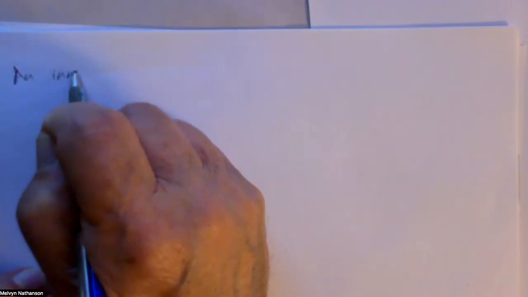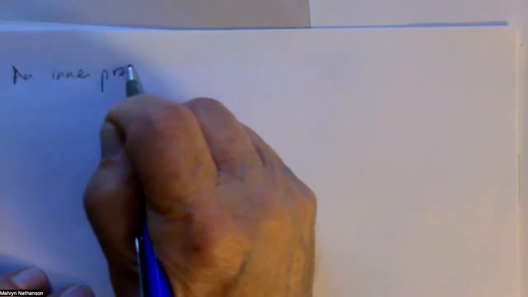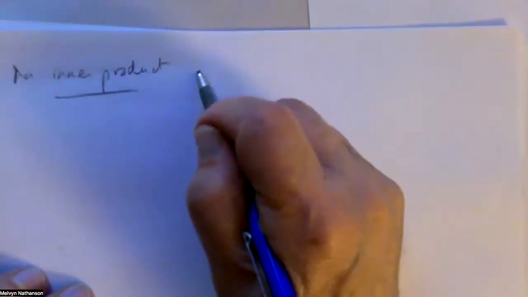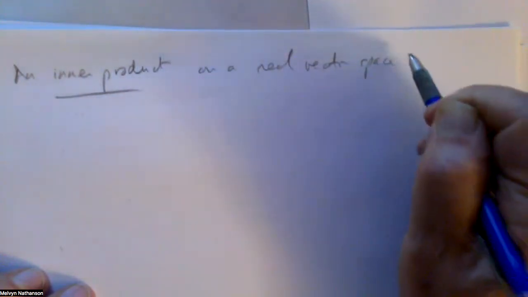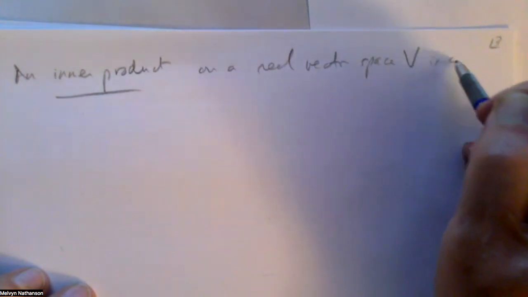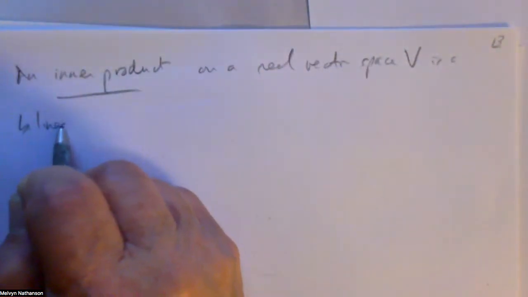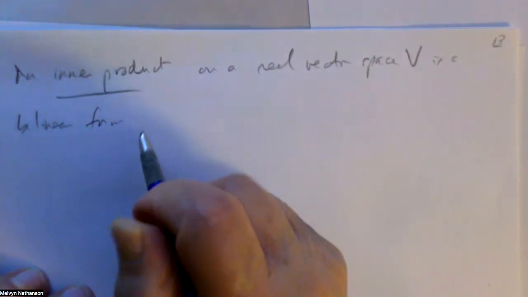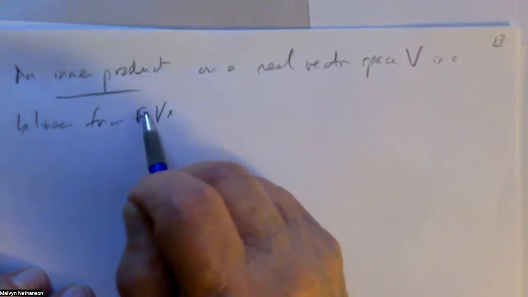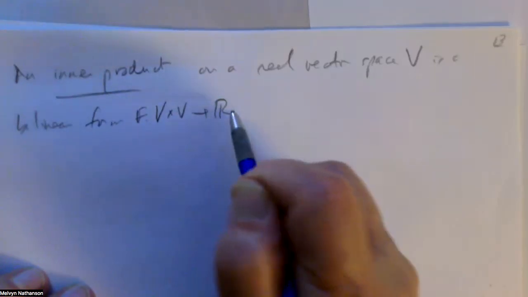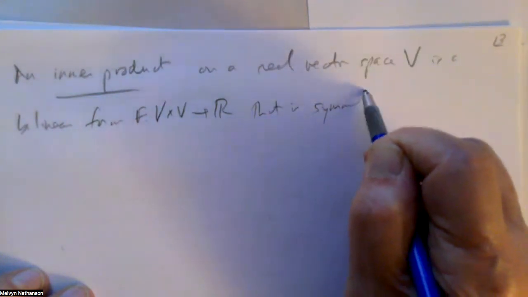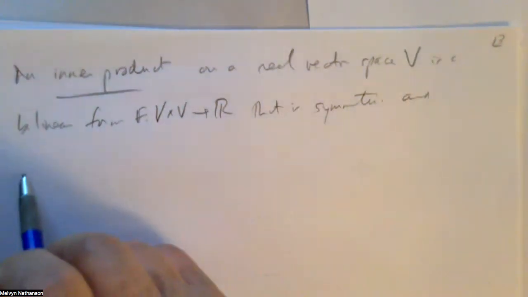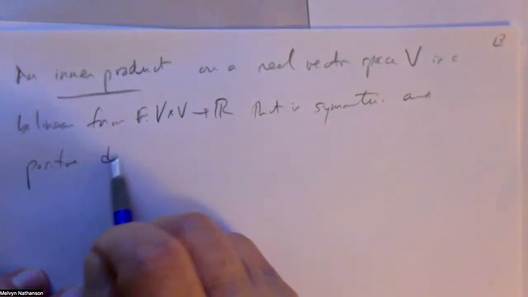So an inner product, this is the definition, on a real vector space V is a bilinear form from V cross V into R that is symmetric and positive definite.